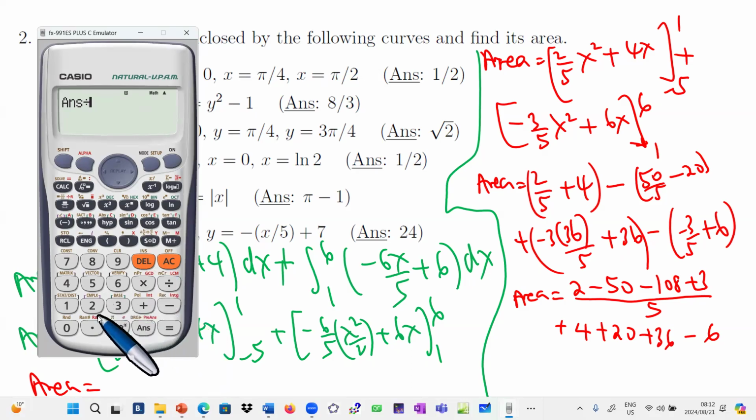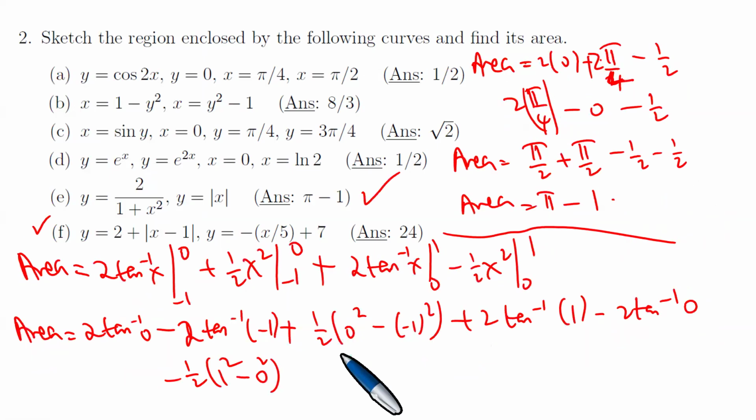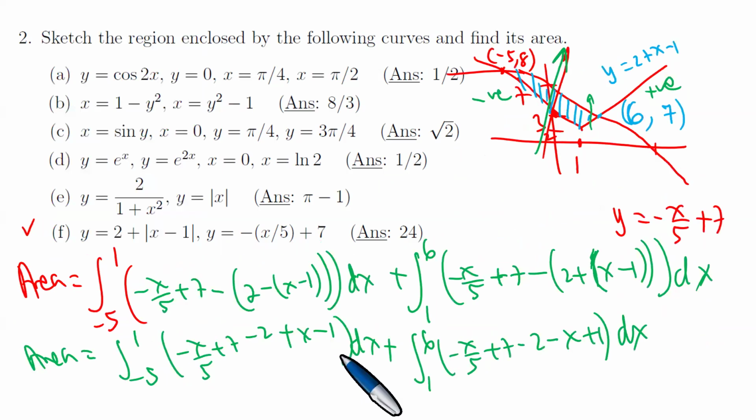Minus 153 divided by 5, plus 4 plus 20 plus 36 minus 6. That gives 117 out of 5. Okay, I need to check this is still getting the same answer. Okay, we're getting the same answer still.